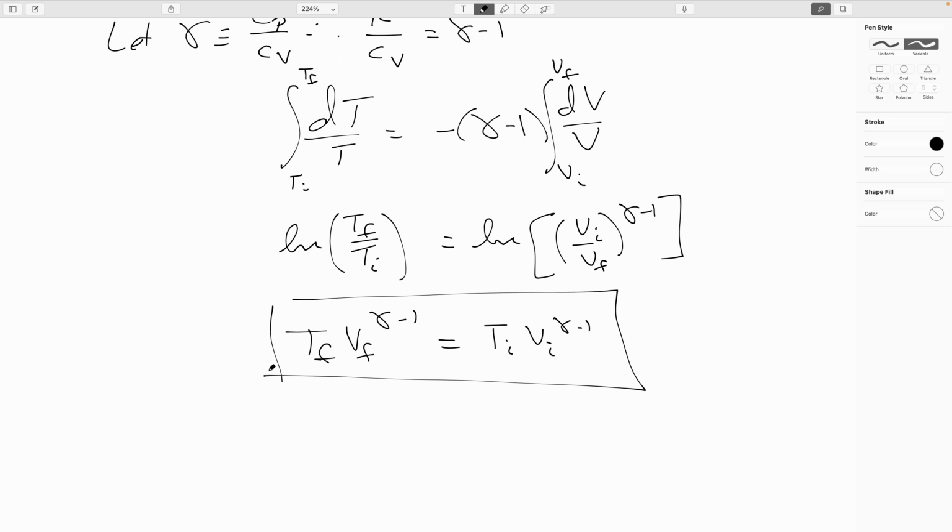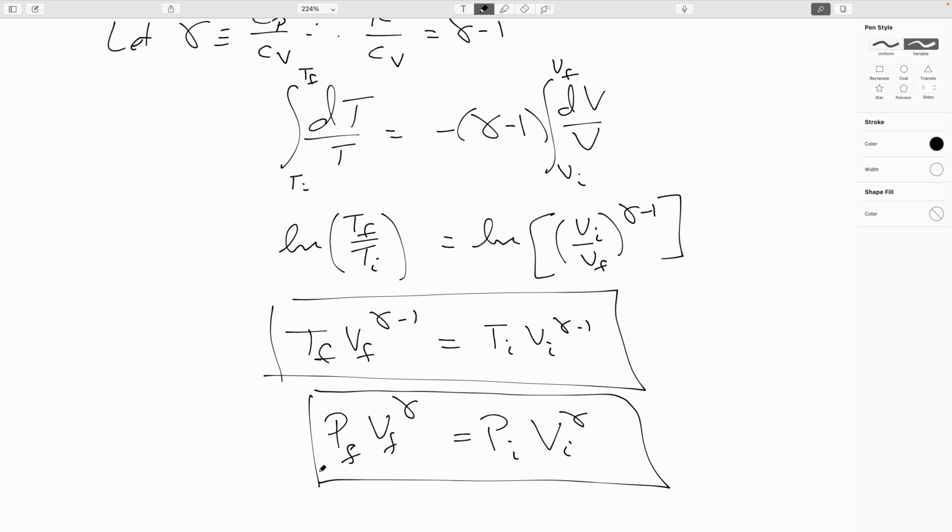And if we use that PV equals nRT, and so we can say that T is equal to PV over nR and do some canceling, you can also rewrite this as P final V final to the gamma equals P initial V initial to the gamma.